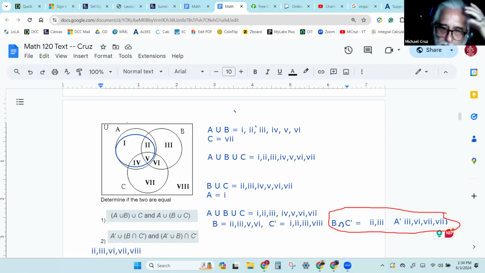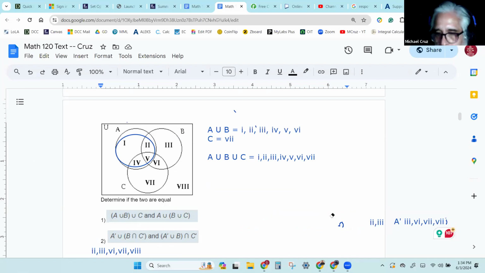Now let's just see if the parentheses make any difference here. We already got A complement here, so I'm just going to use that again.